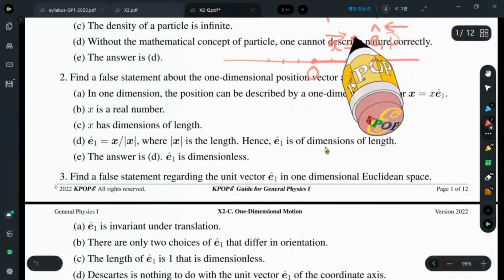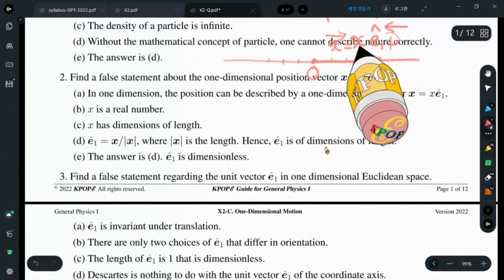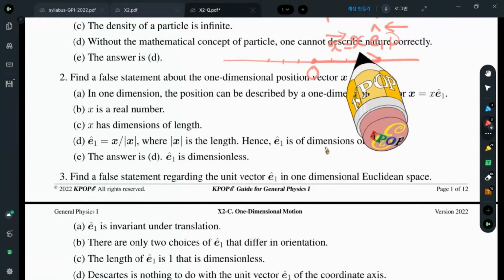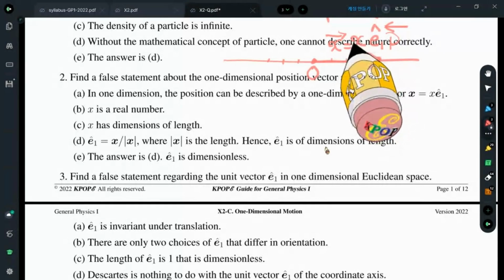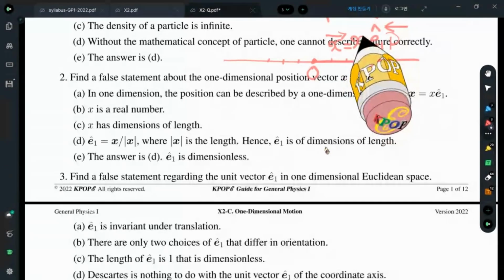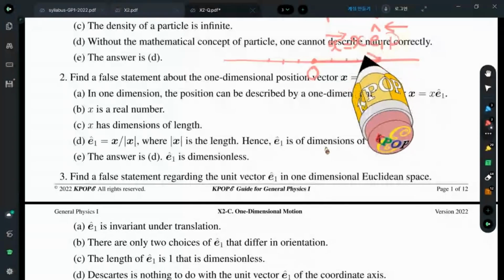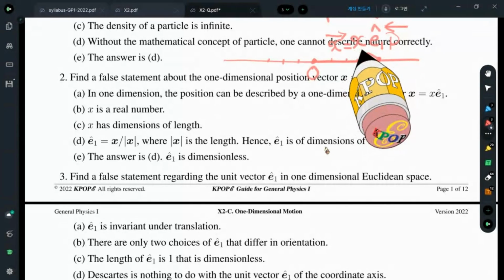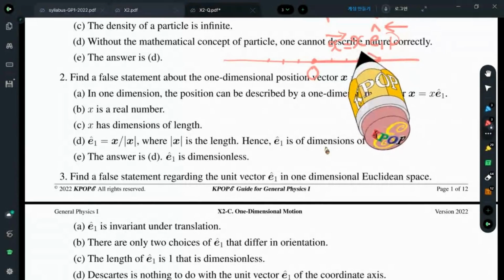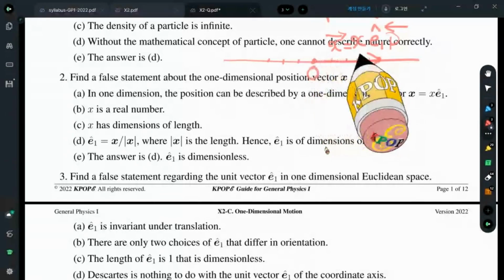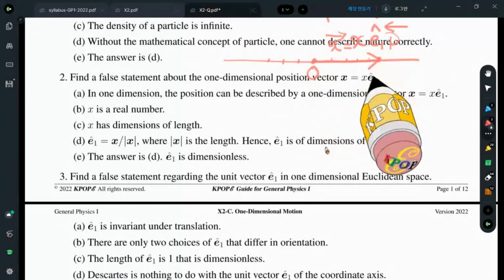And then we multiply a real number that has the dimension of length. This is not a mathematical number, it's a physical one. In physics, we write it in italic letter, then it represents the physical quantity that has the dimension of length. Okay, this is a way to write down a vector.